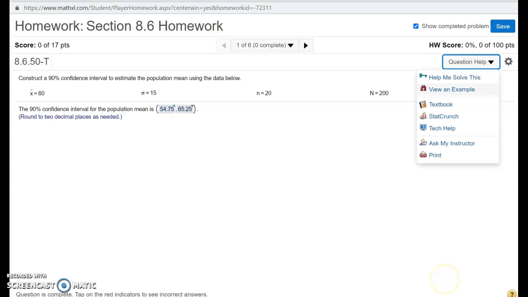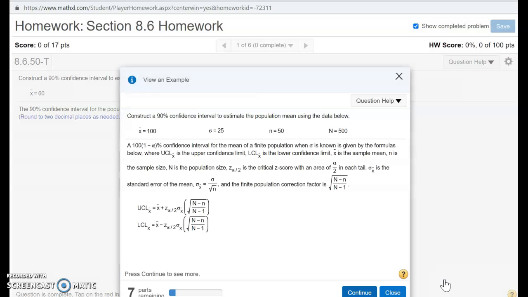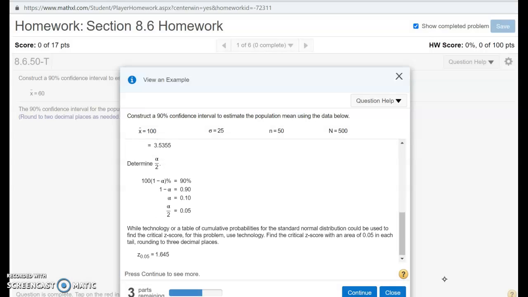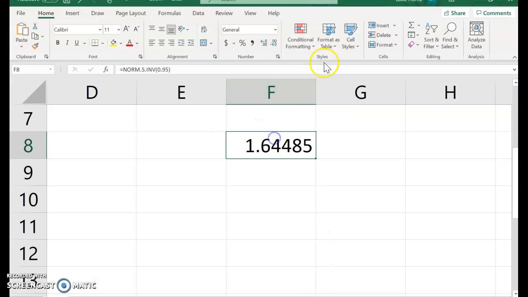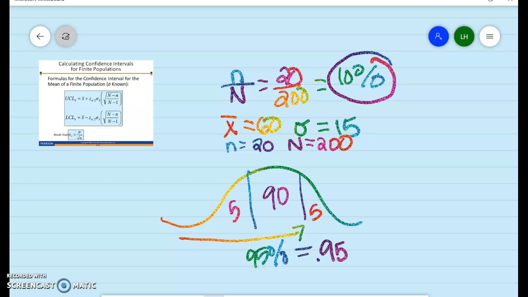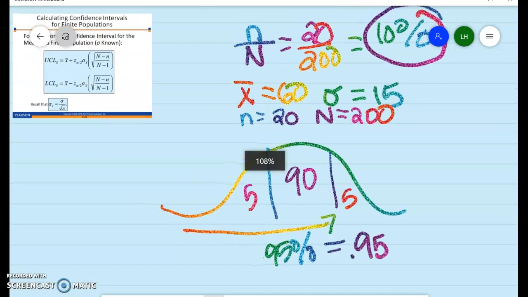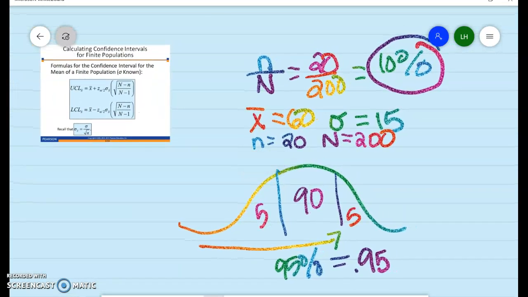And I always like to look and just see, and you can always make a note, 1.645. So they did round to 3 decimal places for the z-score. Okay, so our z-score, we're just going to plug into our formula.